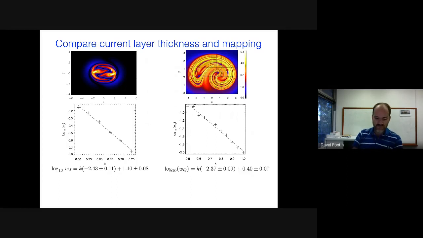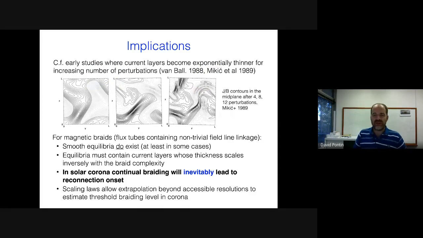So hopefully this shows us a realization of our thought experiment being borne out, that we should have current layers whose thickness is governed by the properties of the tangling, the properties of the mapping. So these are consistent with earlier studies by Van Ballegooijen and Mikic et al.